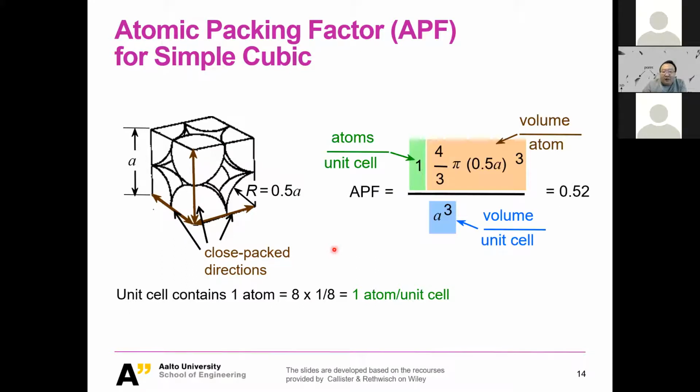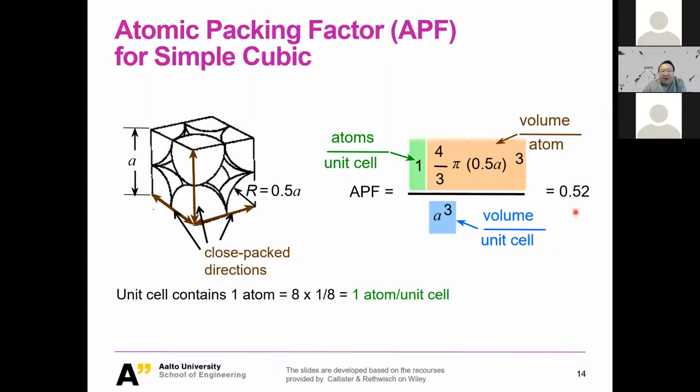And now we want to get the volume of the atom. That's rather easy, because you look for the close packing direction. You know the close packing direction is that. So the whole length here is A, and the radius of your atom is basically half A. So that goes here, and by some simple formula, you already get it.